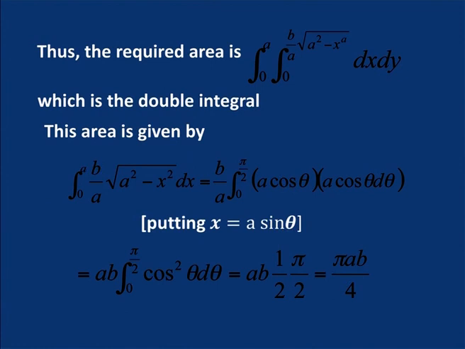Thus, the required area is the integral from 0 to a, the integral from 0 to (b by a) root a square minus x square, dx dy, which is the double integral. On simplification, after putting x is equal to a sin theta and performing integration, we find that the 1/4 part of the ellipse has area pi by 4 ab. As you all know, the whole area of the ellipse is pi ab.